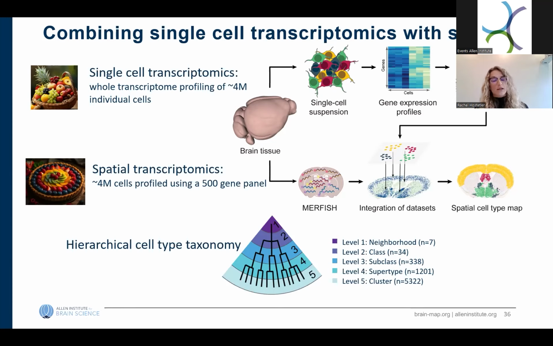Then our next level is our class, so excitatory cells, inhibitory cells. Our next layer is our subclass, where we can see different types of excitatory cells or different types of inhibitory cells. Then we have supertypes, which is a more detailed level. And finally, our last level is clusters, where we can see individual cell types. And then we can use the hierarchical taxonomy to see how they're related to other types of cells.